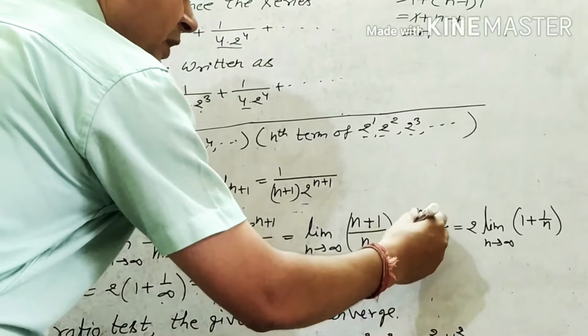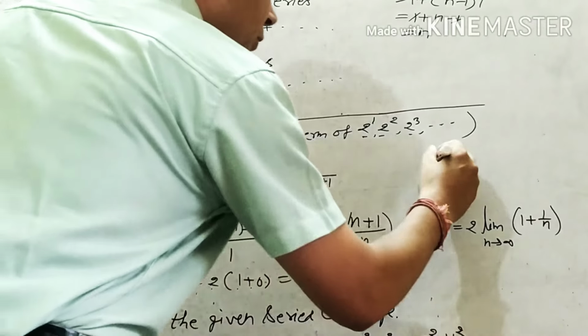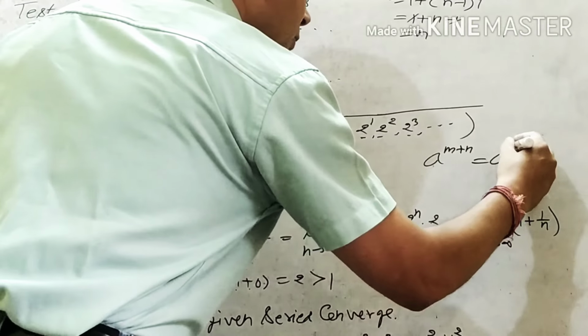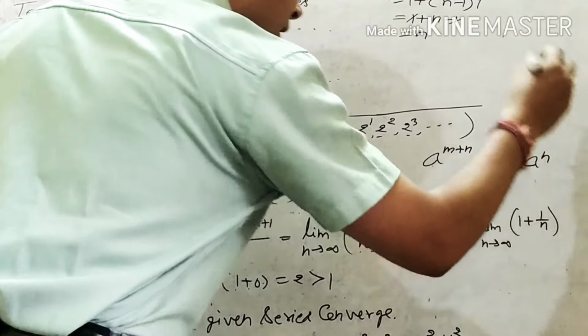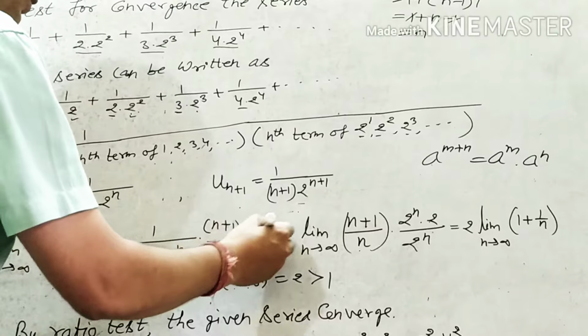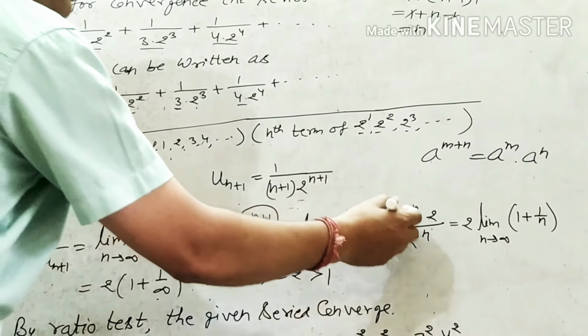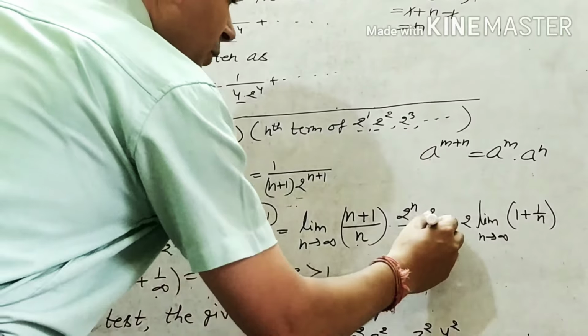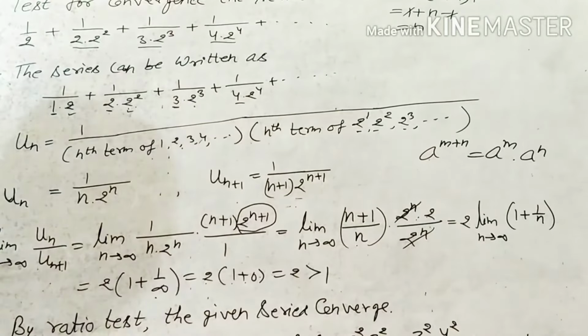It can be written with a factor of 2 because a raised to the power m plus n equals a raised to the power m into a raised to the power n. That's why 2 raised to the power n plus 1 can be written as 2 raised to the power n into 2. Now 2 raised to the power n and 2 raised to the power n will cancel out.